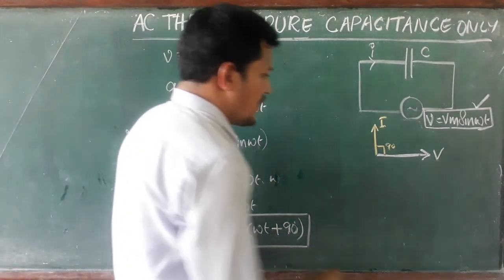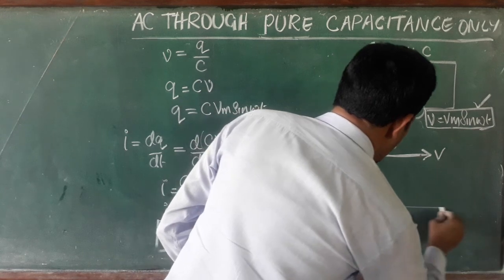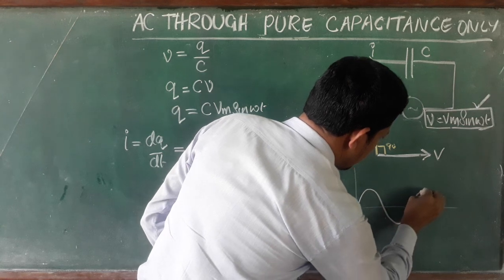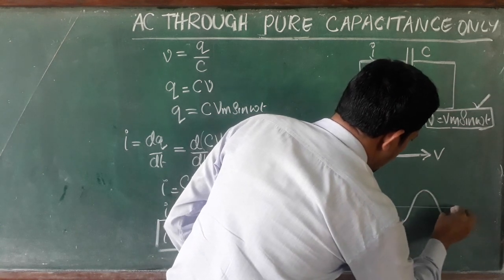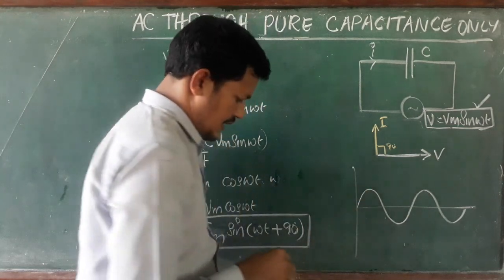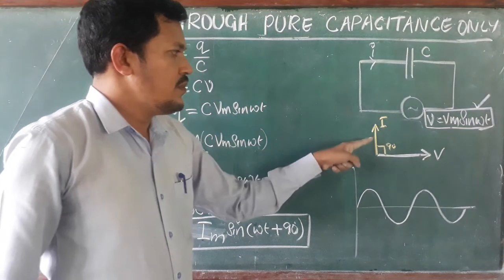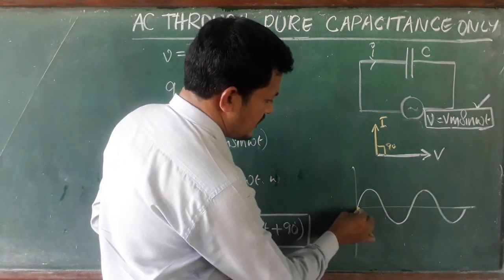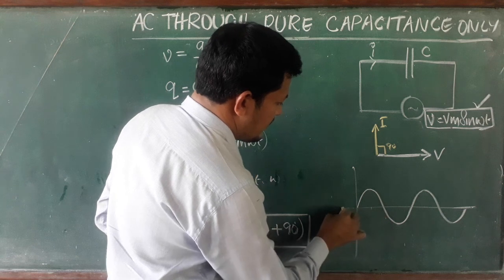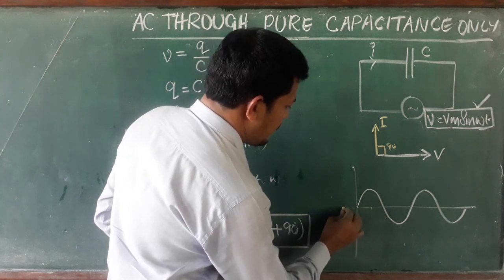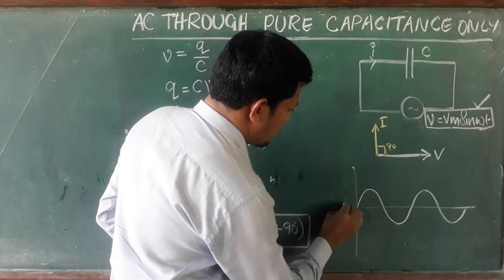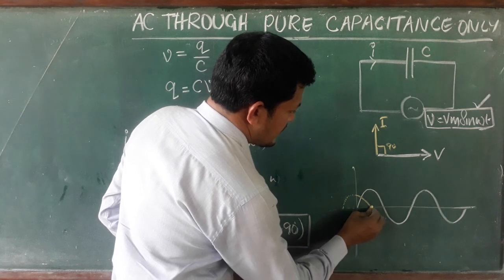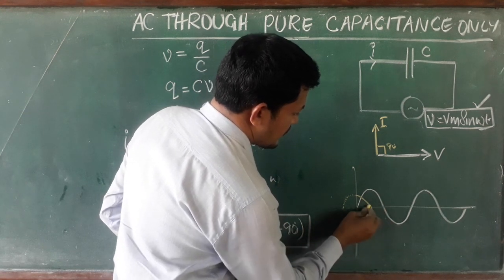Now we can draw the waveform also. So I will draw the reference voltage waveform. Clear? Now I am going to draw the current waveform. Current is exactly 90 degree leading, so it should start 90 degree before. Its zero appears 90 degree before the positive voltage waveform.